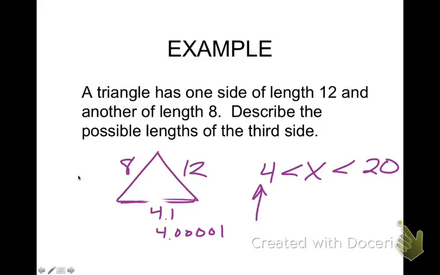Where does that come from, those two numbers, 8 and 12? What do you do with 8 and 12 to make 4? You subtract, right. So to get the lower number, you subtract your two sides. And then what do you do to get the upper number? Add the two sides. Good.